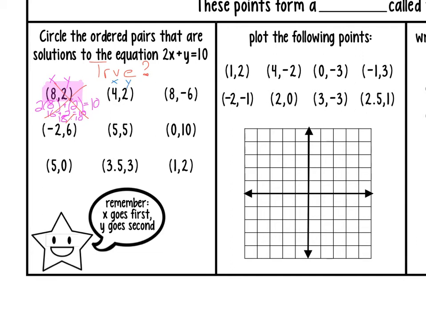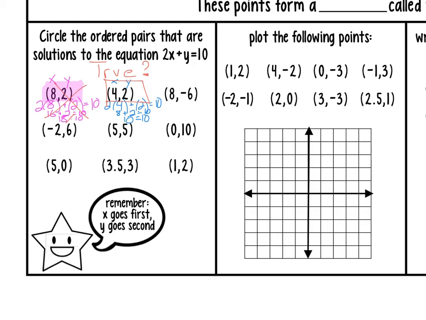The second value is your y. So we're going to have 2 times 4 plus 2, and we're going to see if that equals 10. Well, 2 times 4 is 8. 8 plus 2 is 10. So we bring down equals 10. Well, is that true? Does 10 equal 10? Sure does. So the ordered pair 4, 2 is a possible solution.